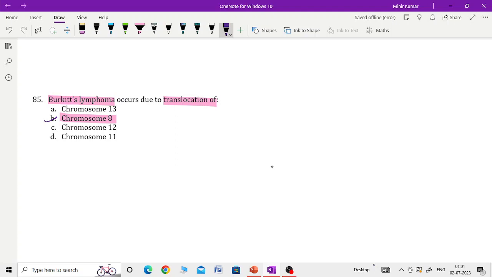Because the normal chromosome 8 has a gene called the MYC gene, and this gene is translocated from chromosome 8 to chromosome 14, and this event leads to the lymphoma. This is due to the translocation of the MYC gene from 8 to 14, and this is the reason for Burkitt lymphoma.